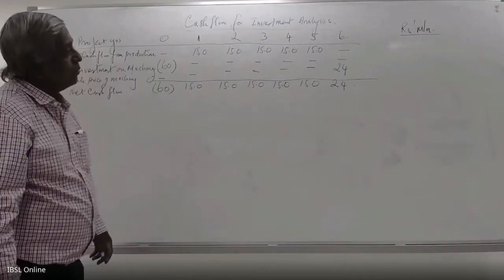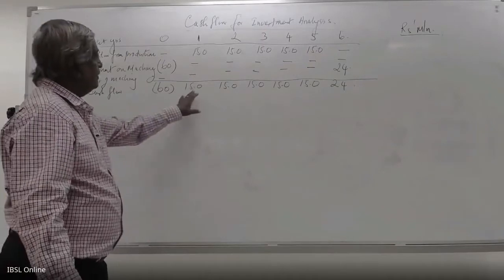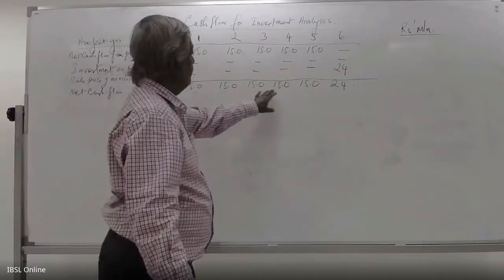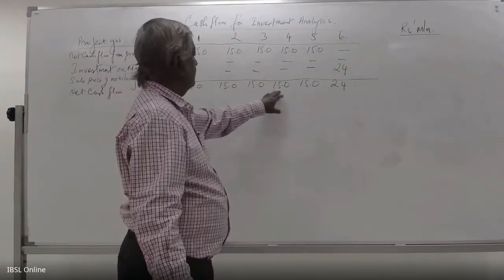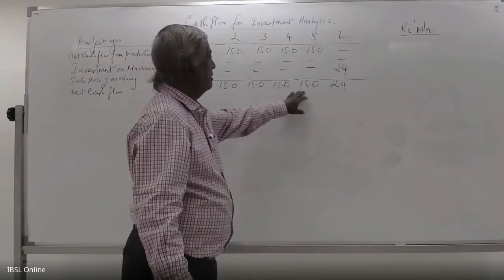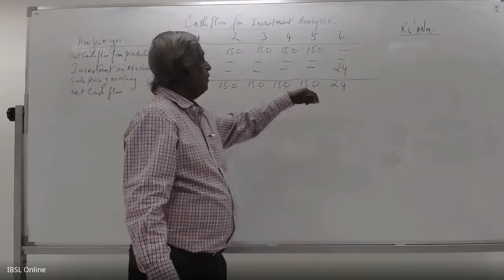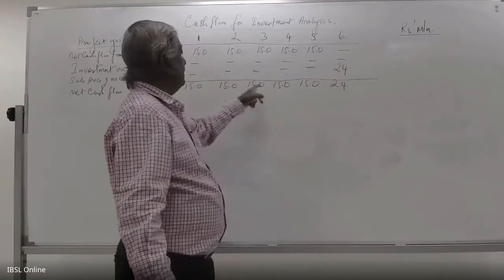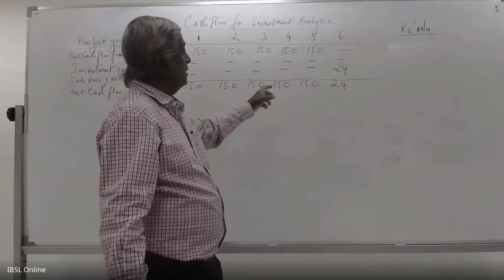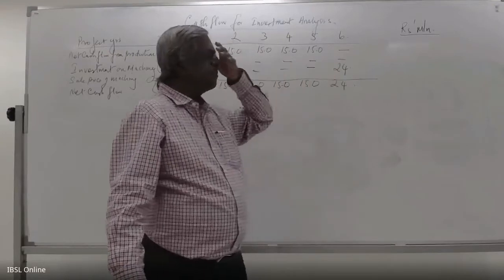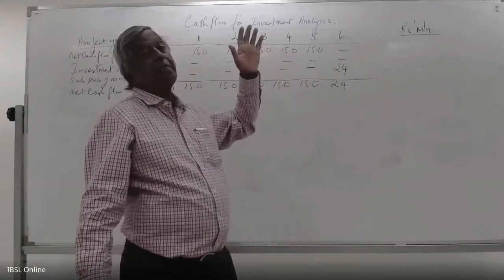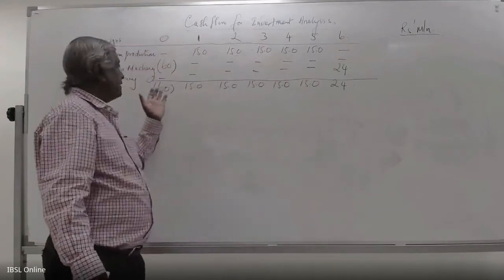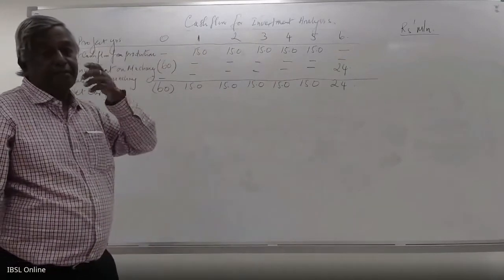But we can't just compare directly. We have 15 million five times: 15, 30, 45, 60, 75, plus 24. Five into 15 is 75 million plus 24 million, so 99 million they are getting. They are investing only 60 million.